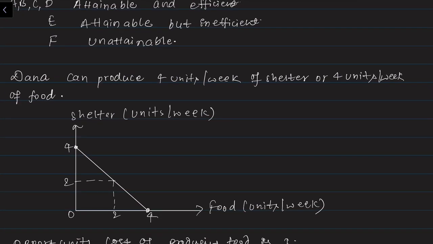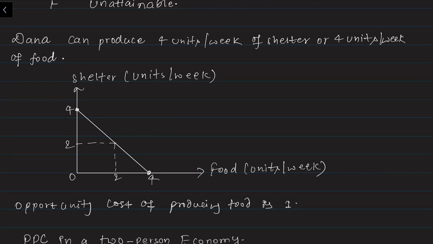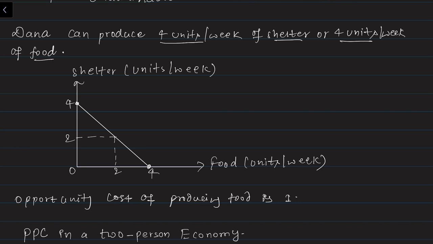Let's say Dana is the single person in the economy, and she can produce 4 units of shelter per week or 4 units of food per week. So here is the graph. On the horizontal axis, we have food production per week. On the vertical axis, we have shelter production per week.